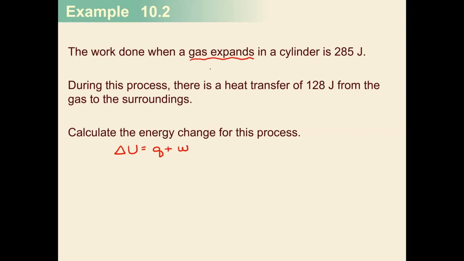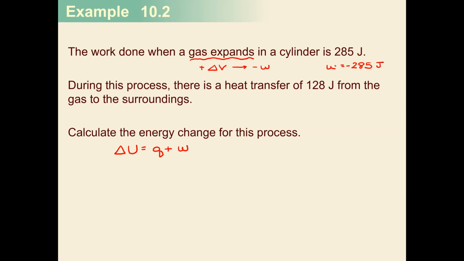Remember that when gas expands, that is a positive delta V, which means that we are going to get a negative W. So in this case, for our 285 joules, our work is going to be minus 285 joules. That is how I get the negative value.